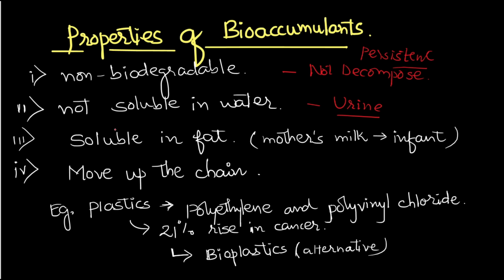Now there is data which suggests that because of plastics there is a 21% rise in cancer cases. So that is why the government is trying to shift to bioplastics, and the government has also tried various alternatives to stop this menace.